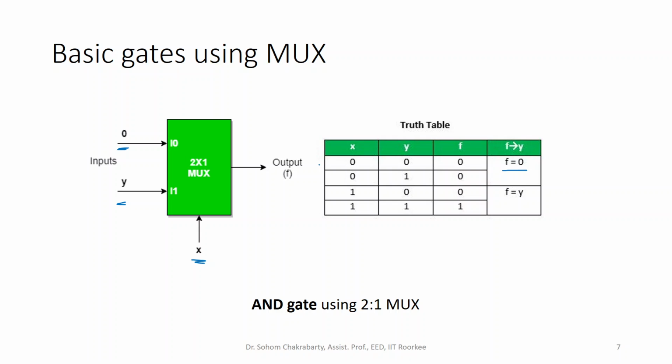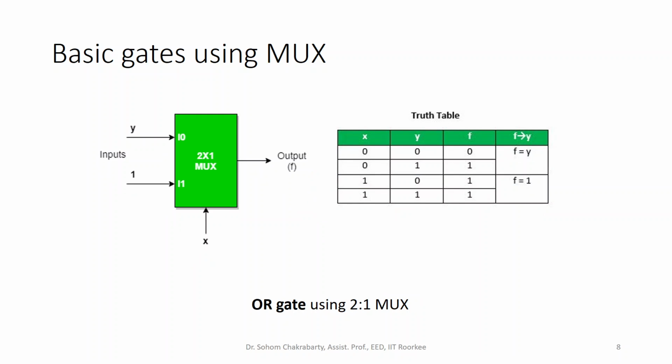So for both these combinations, your output is going to be 0. For these two combinations, when x is 1, you notice that your function, your f, is the output. This AND function is basically the same as y. So you can pass the y directly to the output, right? F is equal to y. So then you get an AND gate.